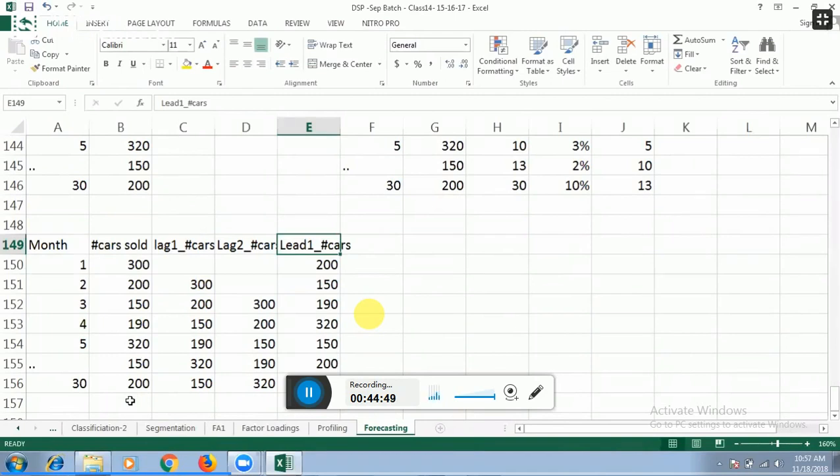Every budget happens in March, or maybe a government takes a decision 1 month in advance and it will be implemented after 1 month. Whatever decision you are taking will itself impact your sales. That is exactly what we call a lead. So the future decision sometimes impacts my current month sales.